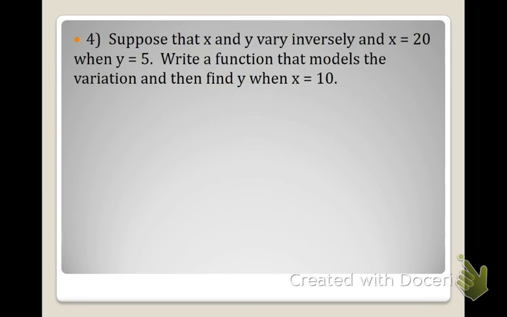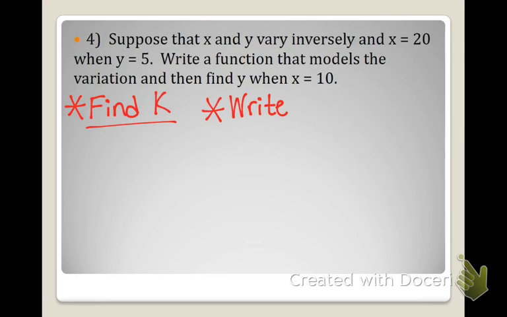Anytime that we are told that we've got some sort of variation, which here they vary inversely, the first thing we want to find every time, anybody know what it is? Similar to on the front. Find K. If you know that you have some sort of variation, the first thing you should look for is K. The second thing you should do is write the equation.